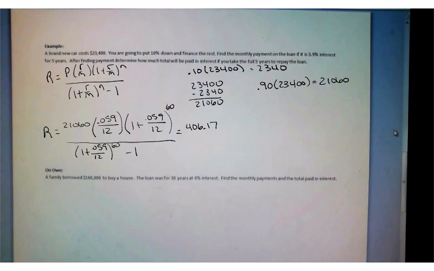Now, after finding the payment, we need to determine the total that will be paid in interest. If you look back at the previous video where we created the full amortization table, if I asked you how much was paid in interest, you could have just added up that interest column.